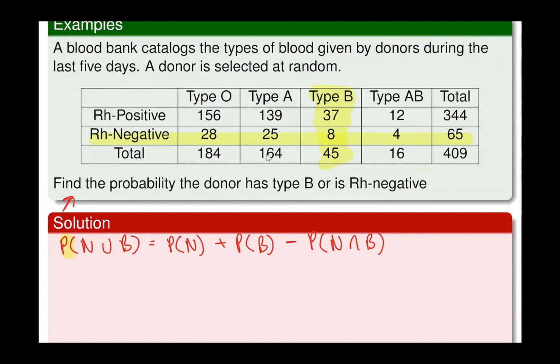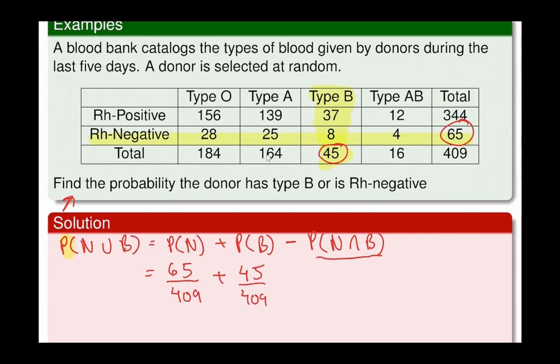So if you look at how many people are RH negative, it tells us there's a total of 65 people who are RH negative. So you go 65, and you want to divide it by 409. Then you want to add it to the probability of B. The probability of B, if you look at it, we have 45 all over 409.